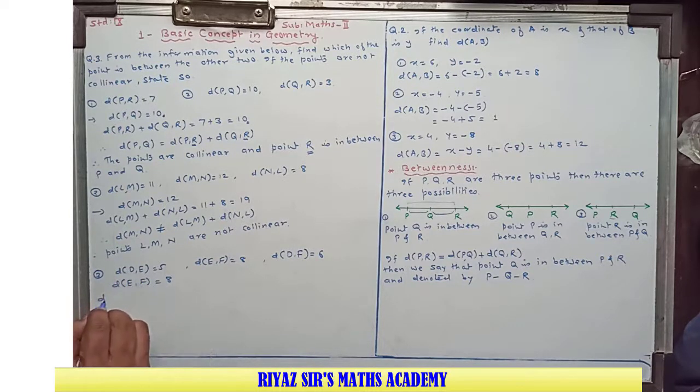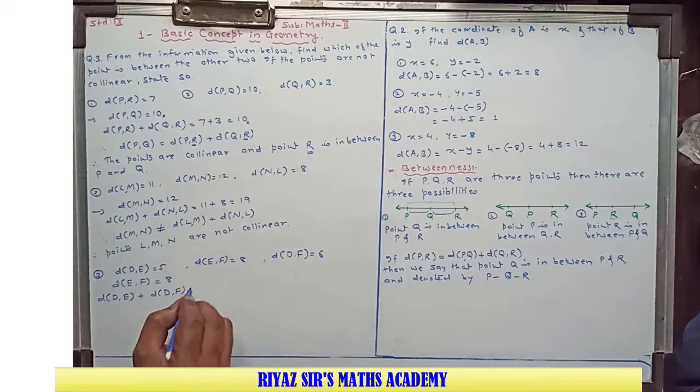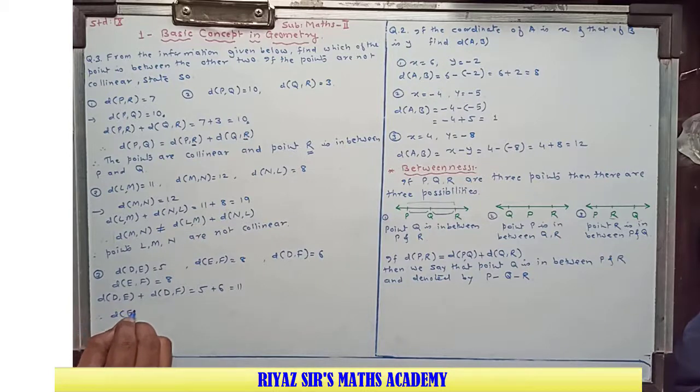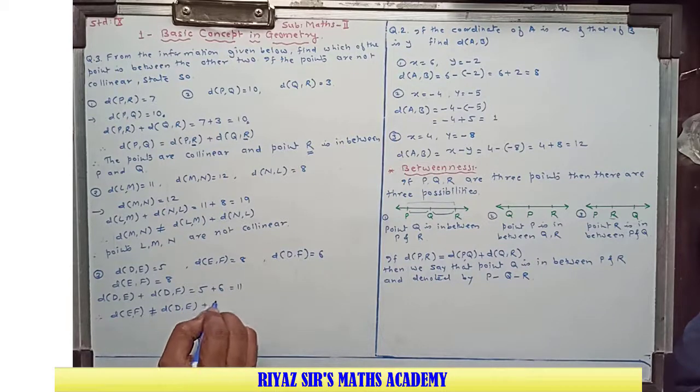Now take the addition of those two distances, distance DE plus distance DF, that is equal to 5 plus 6, that is equal to 11, and therefore distance EF is not equal to distance DE plus distance DF.